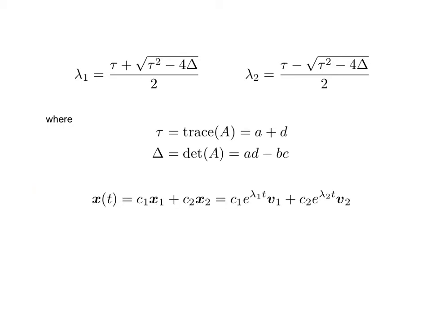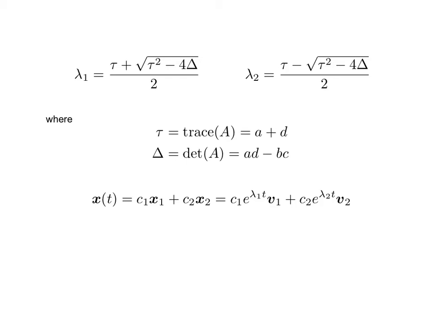As I pointed out before, we then have a linear combination of two particular solutions, x1 and x2, with some coefficients c1 and c2. How do we find these coefficients c1 and c2?